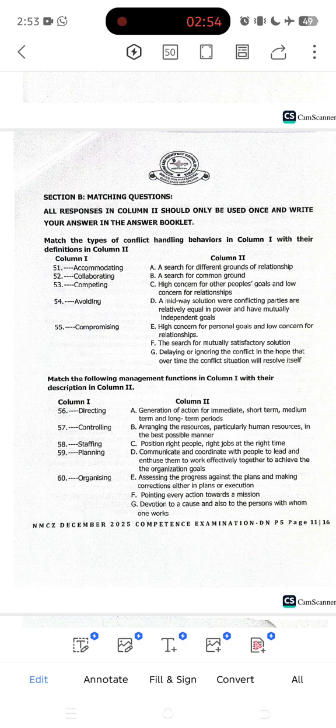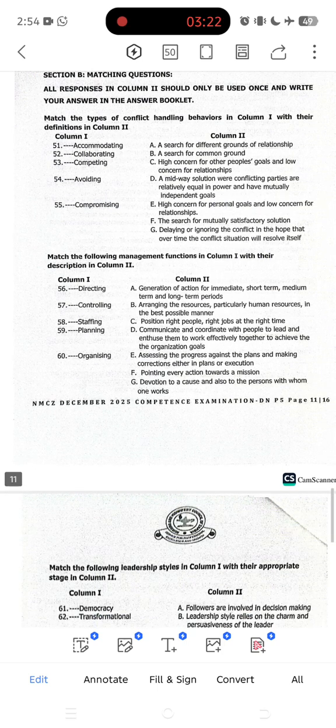Then 54 is G, avoiding. G, which is saying delaying or ignoring the conflict in the hope that over time the conflict situation will resolve itself. 55, compromising, is D, which is a midway solution where conflicting parties are relatively equal in power and have mutually independent goals. Okay, so we go to 56 to 60.